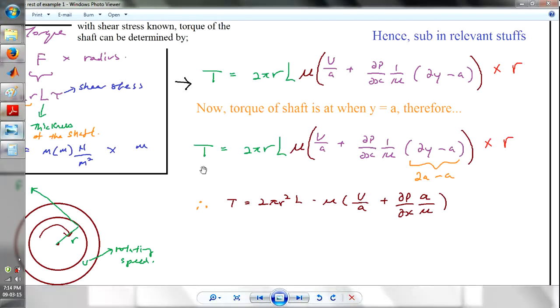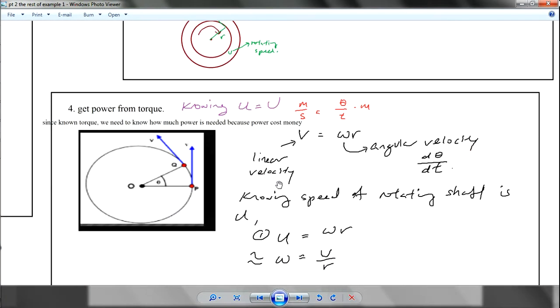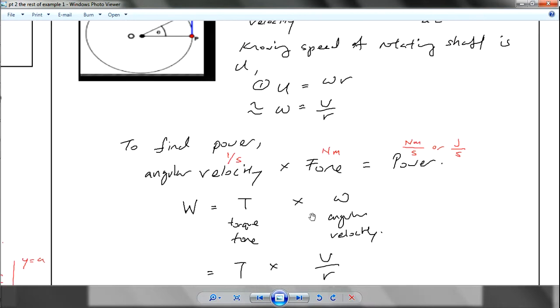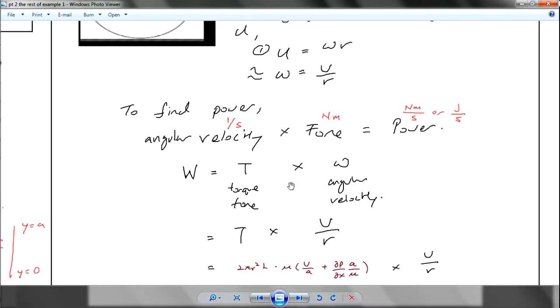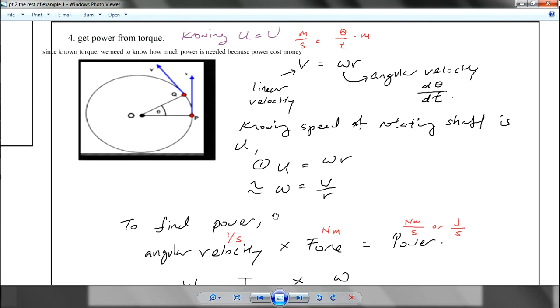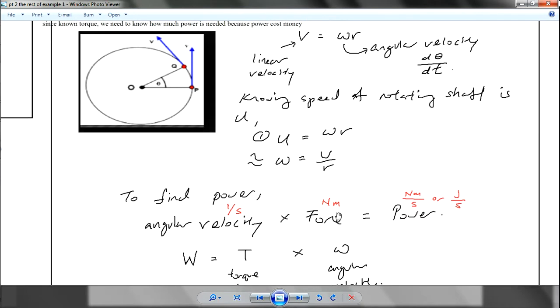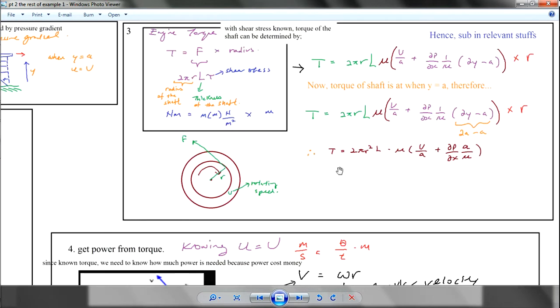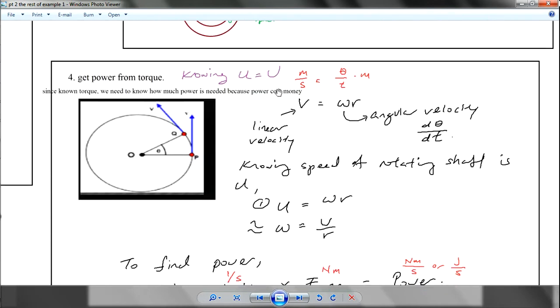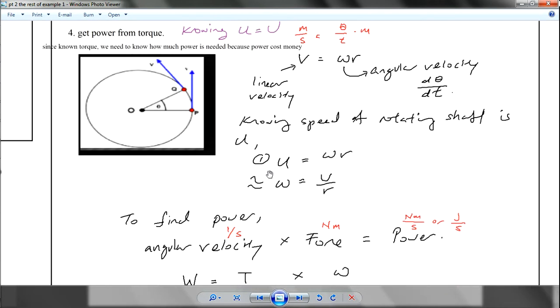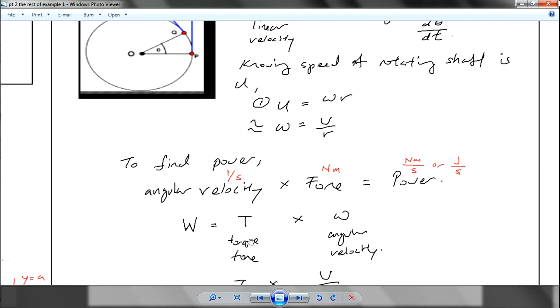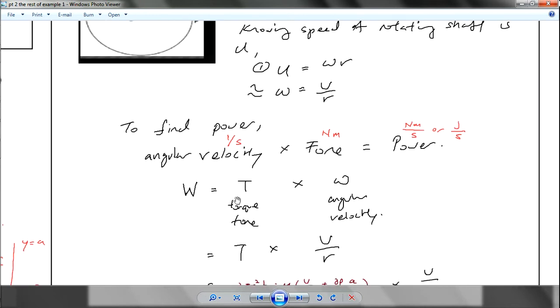This is the same thing that we did earlier in the previous lesson, a long time ago. You will see that angular velocity times force equals power. So how do you take the force? Hold on, it's angular velocity times the torque force.